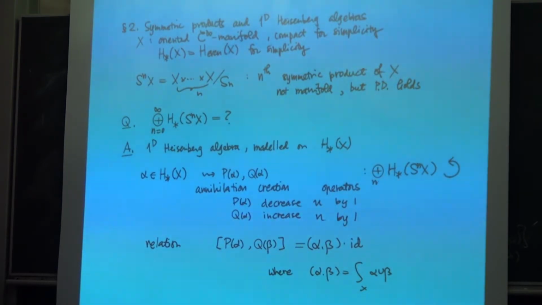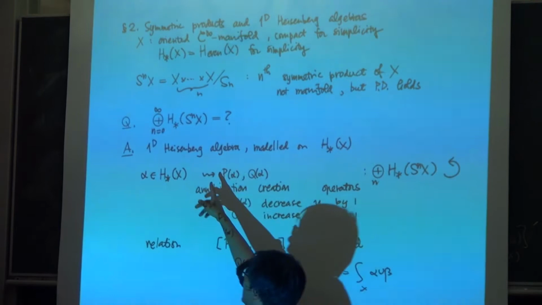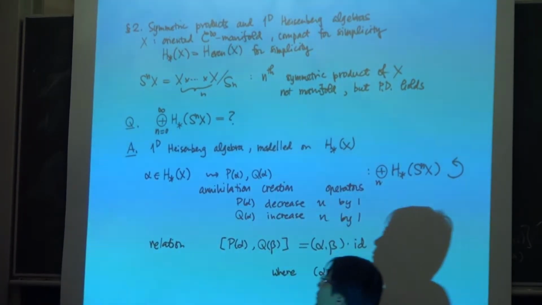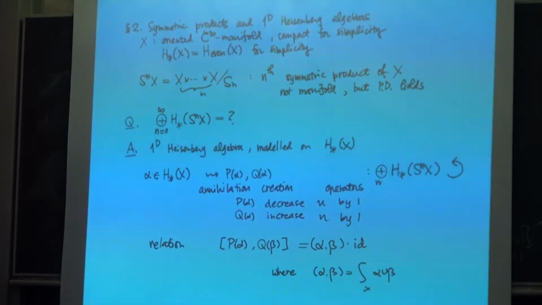Then the question is that I consider all those n numbers of points. I don't fix the number of points, and I consider all the spaces simultaneously. And I want to see some structure on the direct sum of the homology groups of symmetric powers, from 0 points to infinity.